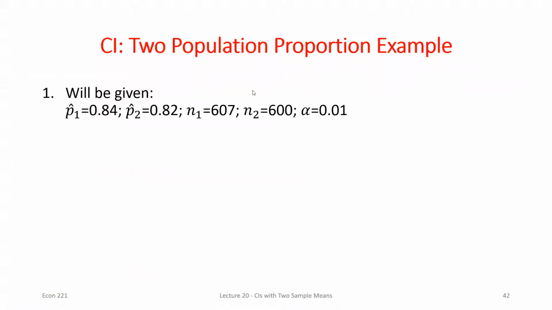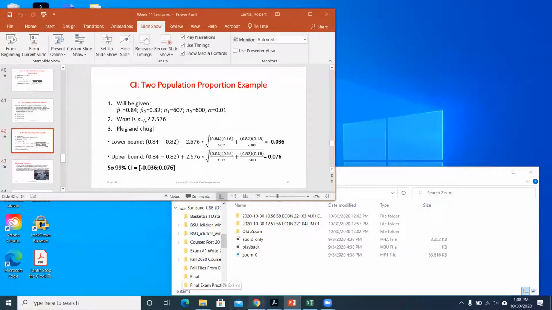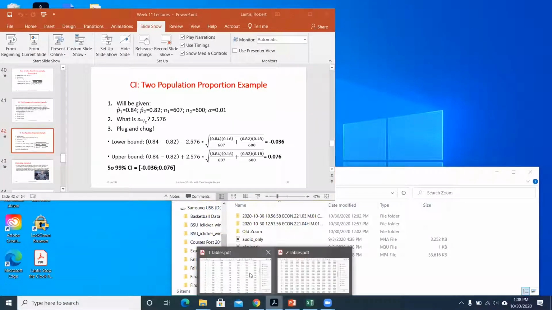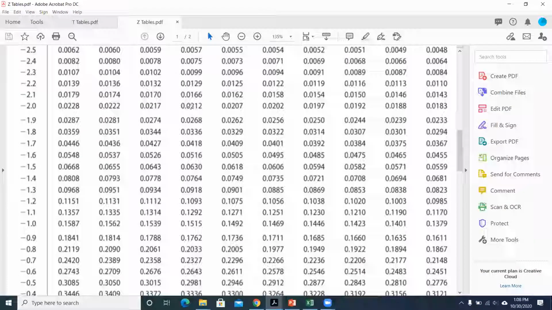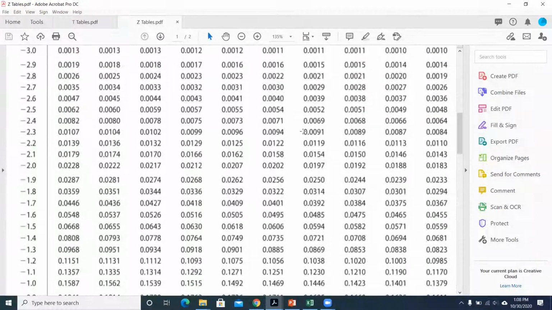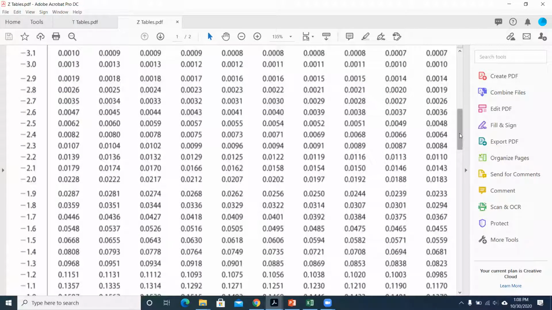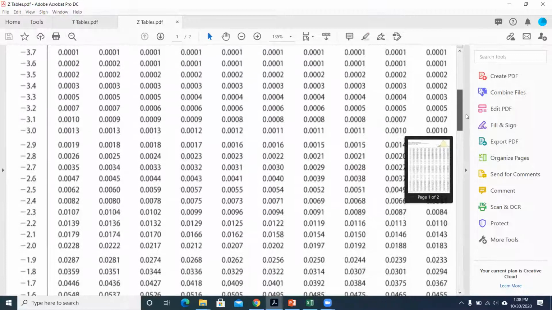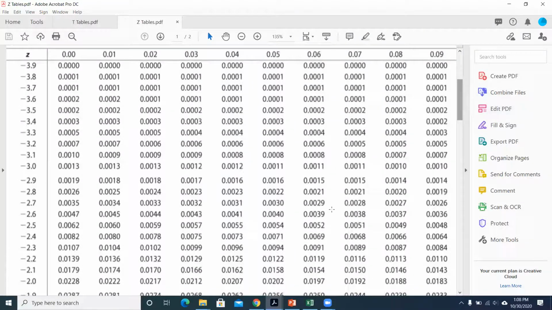So from here, I've already mentioned the sample proportions and our sample sizes. We had our alpha. How do I find alpha over 2? Well, I'm actually going to cheat to get to the third decimal. I could go to the standard normal table and find the area of 0.005. So right here, negative 2.57 and negative 2.58.